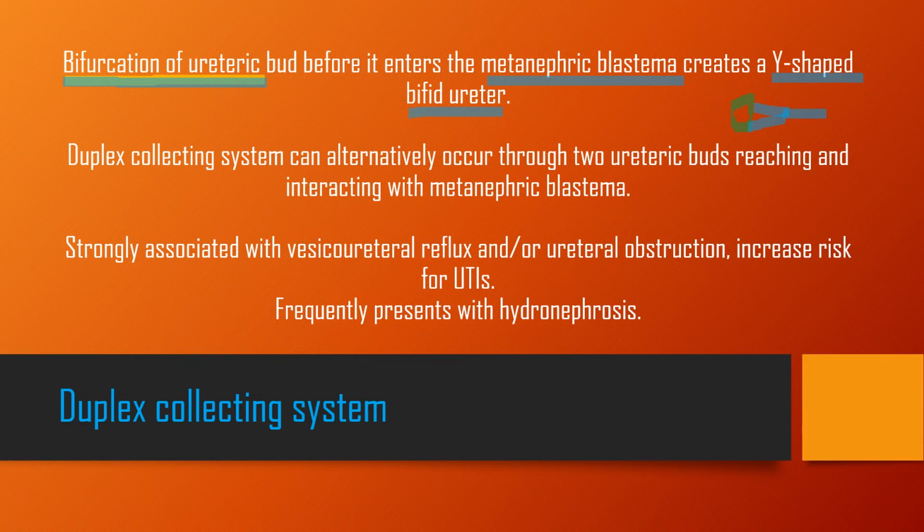Duplex collecting system alternately occurs through two ureteric buds reaching and interacting with the metanephric blastema. It is strongly associated with vesicoureteral reflux and or ureteral obstruction, which increase the risk of UTIs. It frequently presents with hydronephrosis, as obviously it will accumulate urine in the kidney.